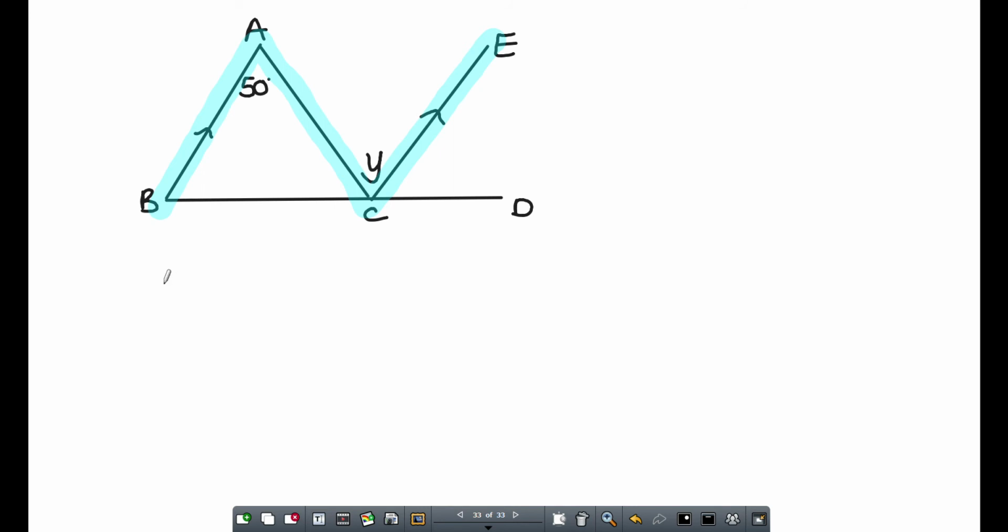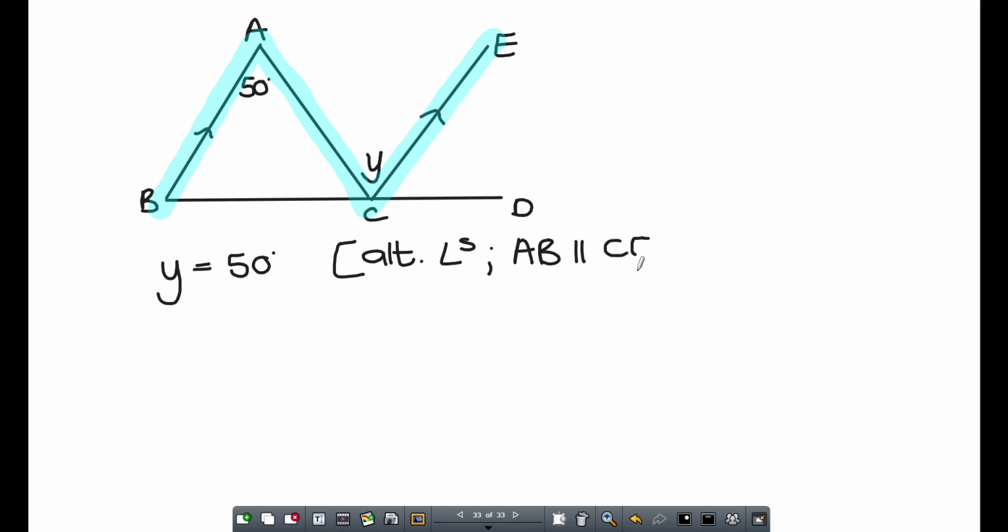Good. Y is equal to 50 degrees. Your reason will be alternate angles because AB is parallel to CE. Okay, so you guys are able to see this, right? Good. I think we can move on to the next one.